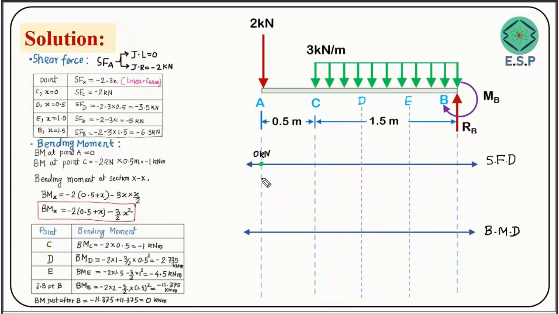It is going to be somewhere here, and this value is minus 2 kilonewton. So we got from 0 to minus 2 when you cross from here to here. At point C, if you can see in this table, it is also minus 2 kilonewton, so the same value would come at the same level. I'll be getting it somewhere here.